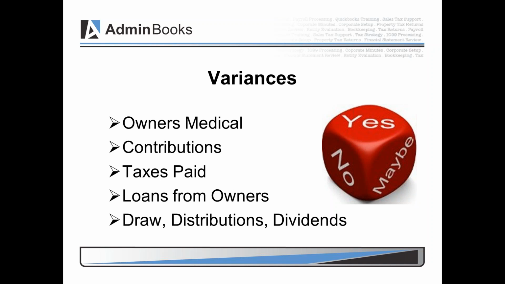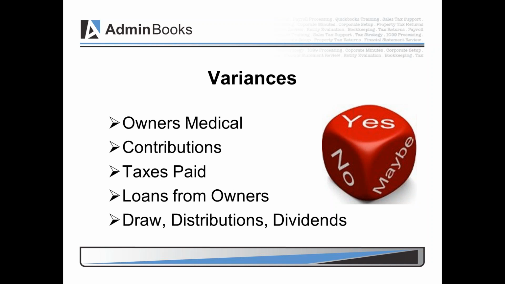So depending on your entity and the type of tax that you're paying, federal or state, those expenses for taxes paid will go either above or below the line. Now, if you're a sole proprietorship, any taxes that you pay are below the line. Again, we don't want to understate your profits.